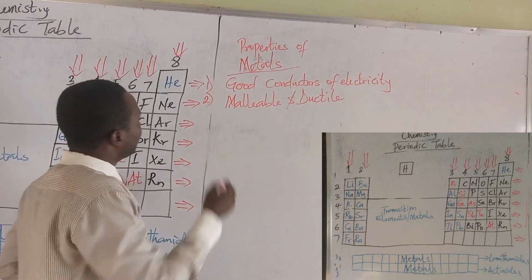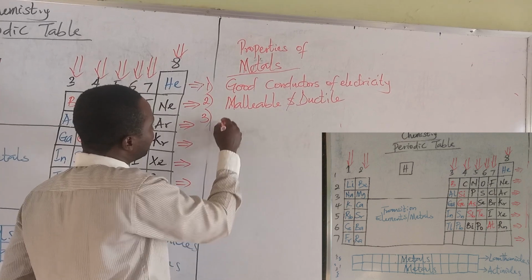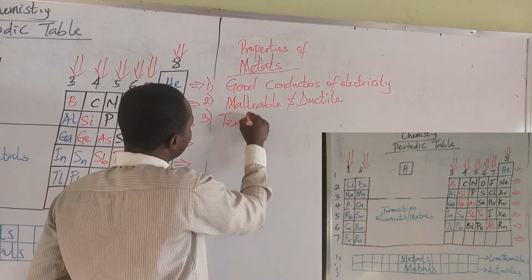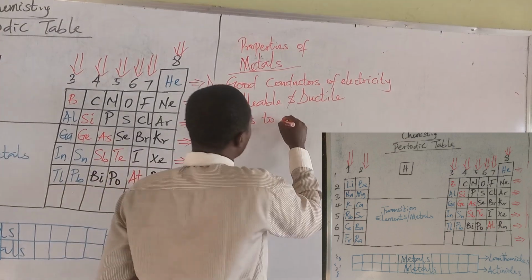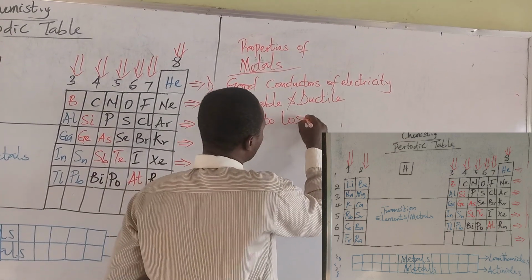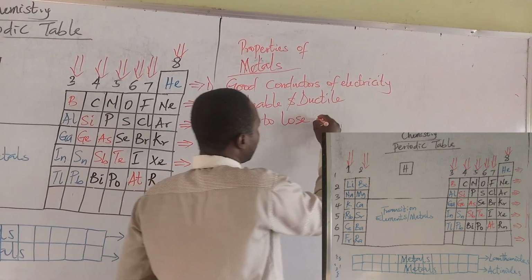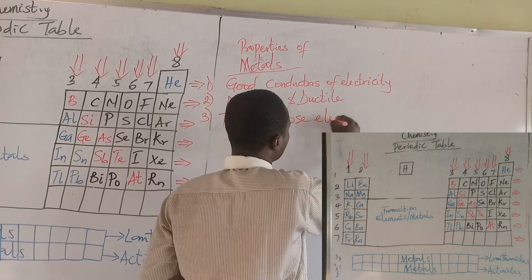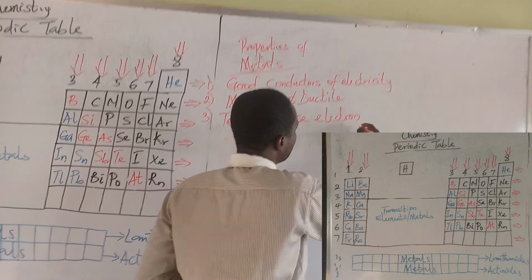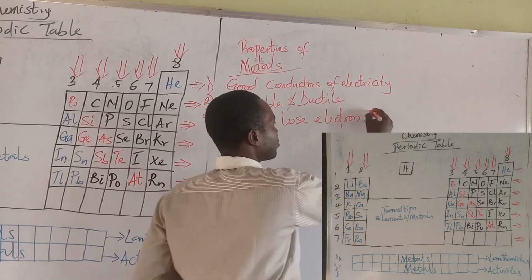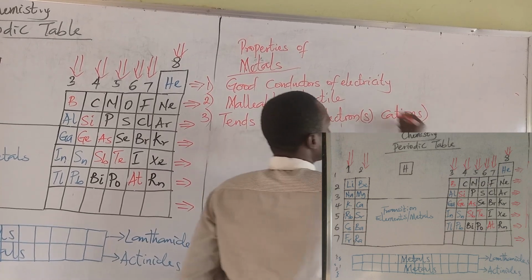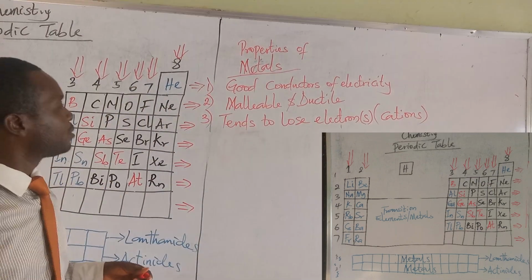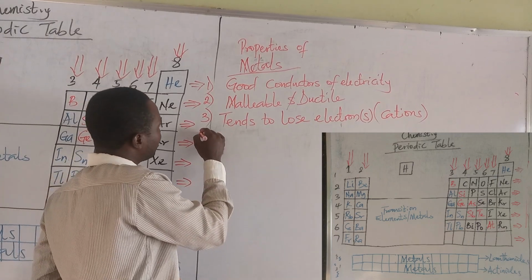Another one is that metals tend to lose electrons. They tend to lose electrons to form cations.